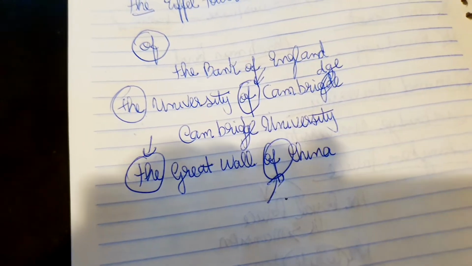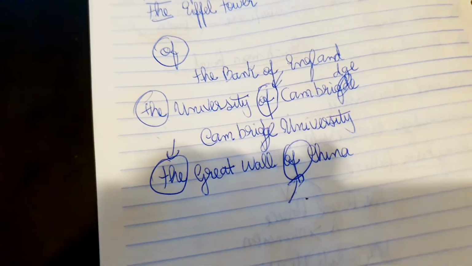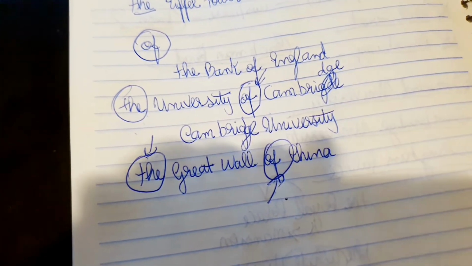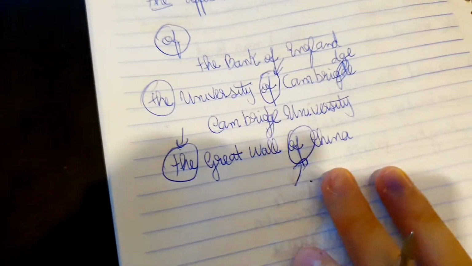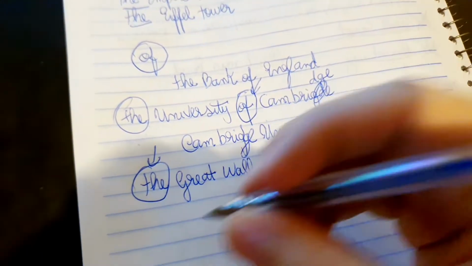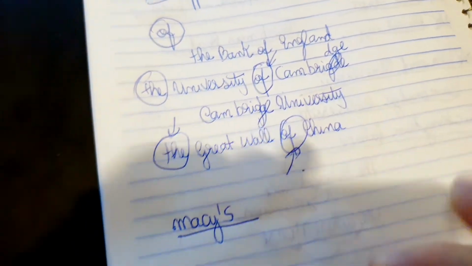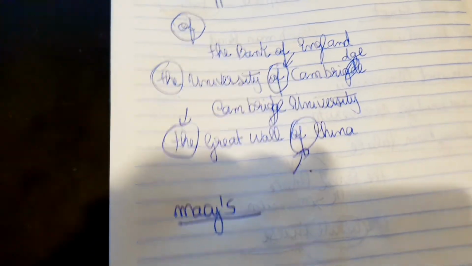There are many names of places which refer to the people who own them, right? They give names to places. When you talk about a department store, for example, Macy's. Macy's is a very famous department store.